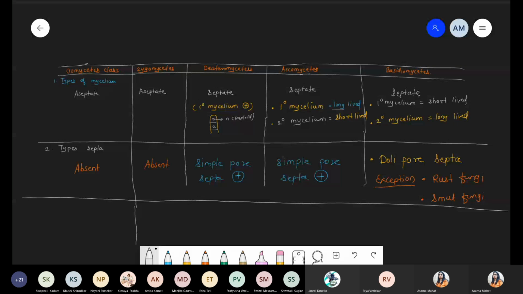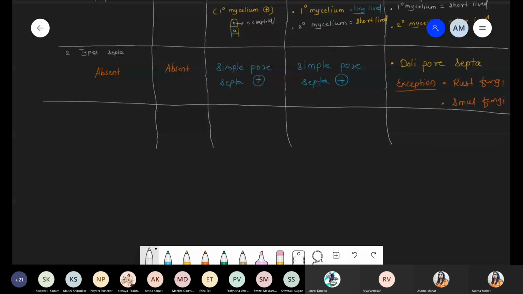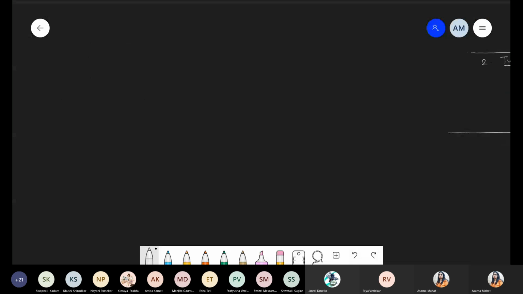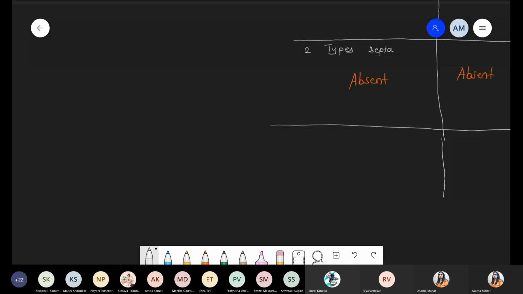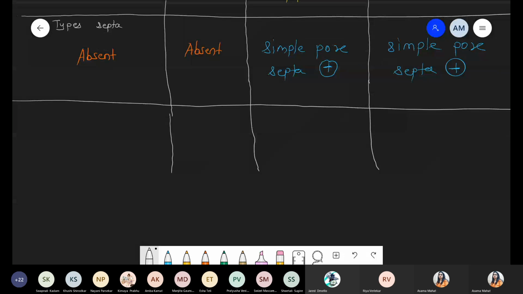Third point, we are talking about cell wall. Okay. So we are writing third point, cell wall.